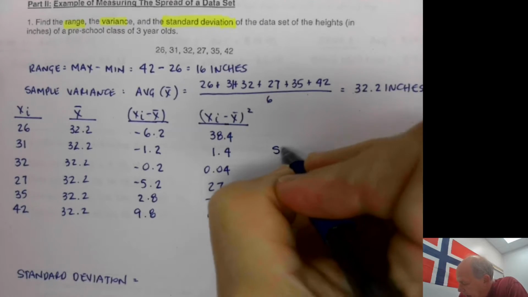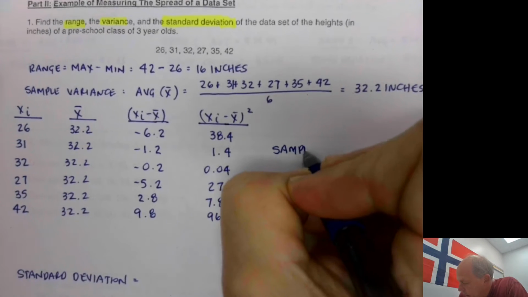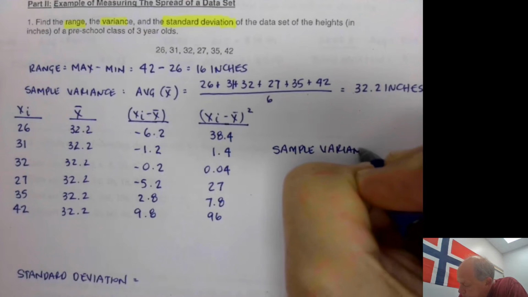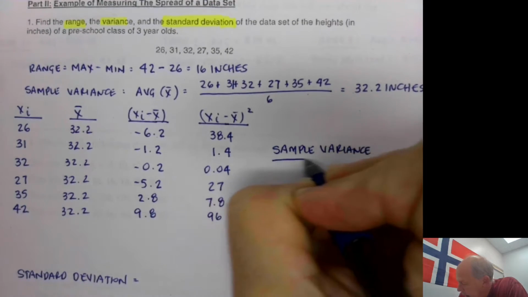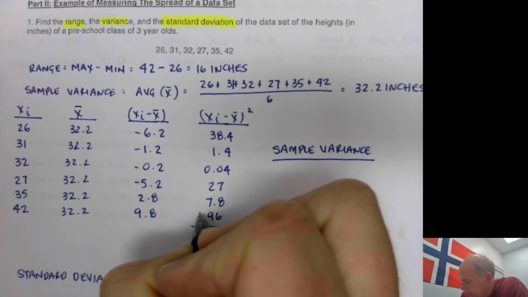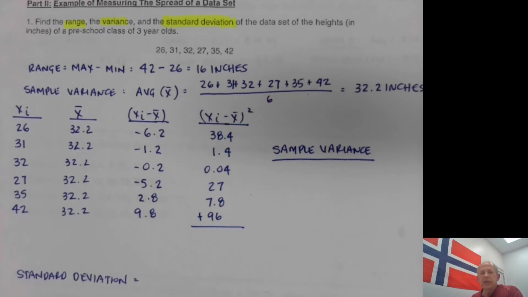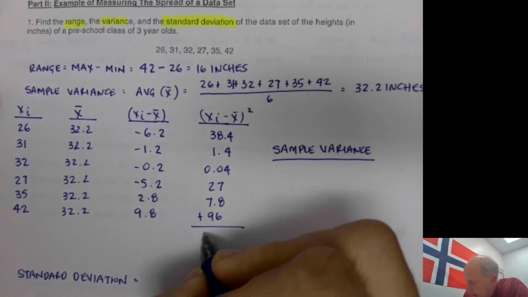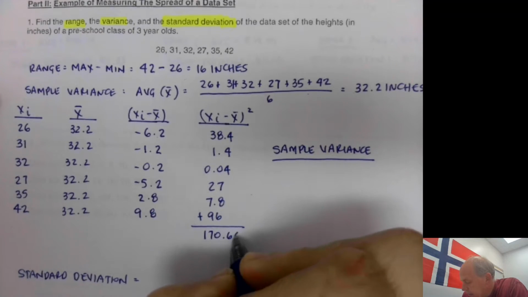Now, to do the actual calculations, I am going to add up this last column. That's the summation formula from the previous video. We add this last column and come up with 170.64.